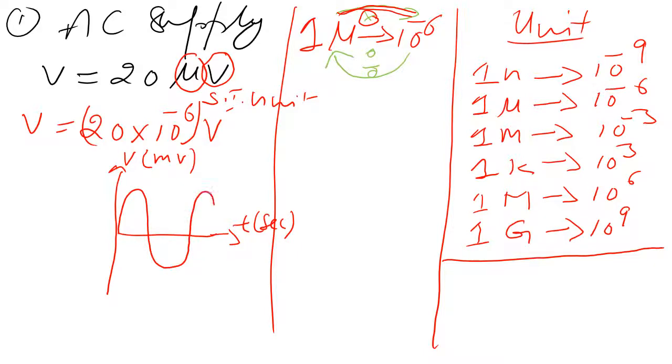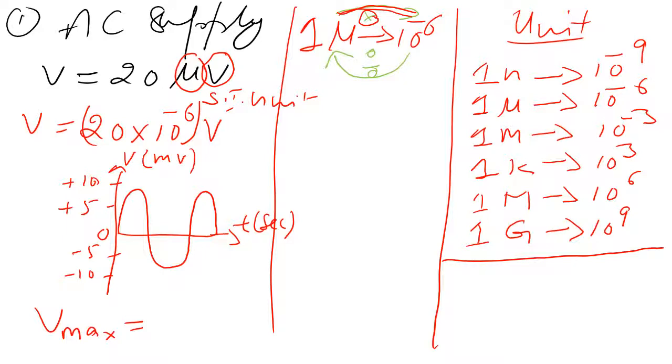This is the wave of the AC voltage, with 0, plus 10, plus 5, minus 5, and minus 10. From this graph, what is the value of the maximum voltage? If the question is like this, it means you have to find the value of the voltage in volt, not in any other unit.